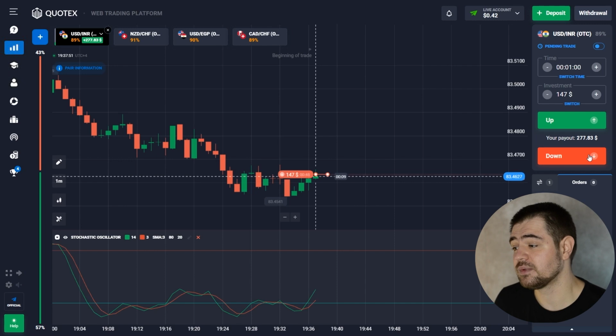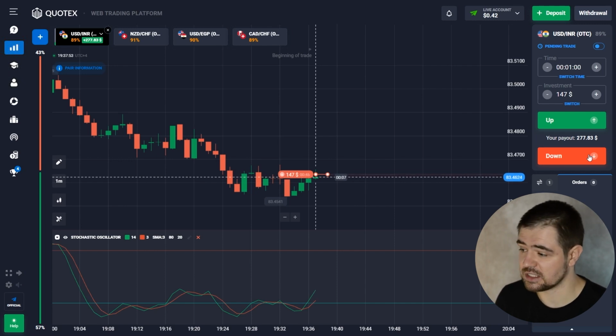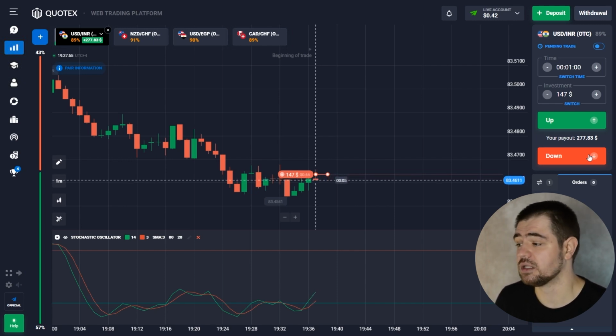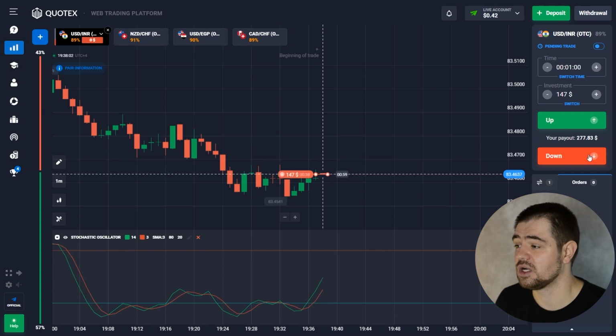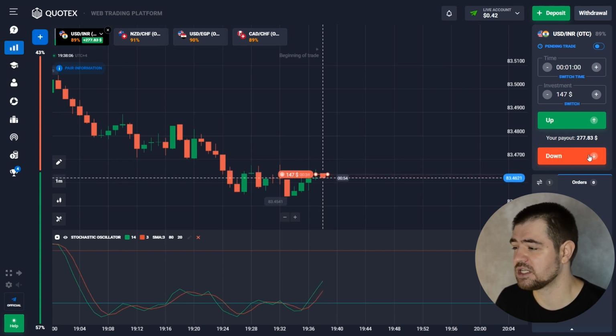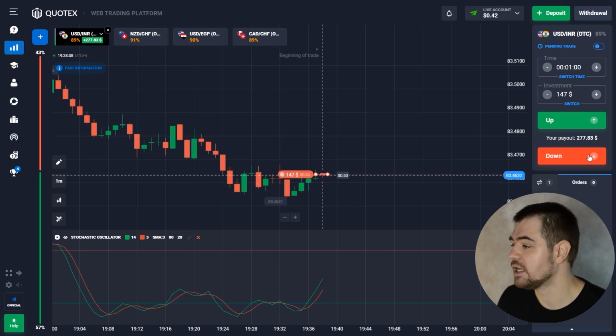It goes from the bottom, crosses the green line, crosses the orange line from bottom going up. So generally it means that the price is going to go up, and it does. It does go up, but right now the price touches the resistance level. And will it cross the resistance level?